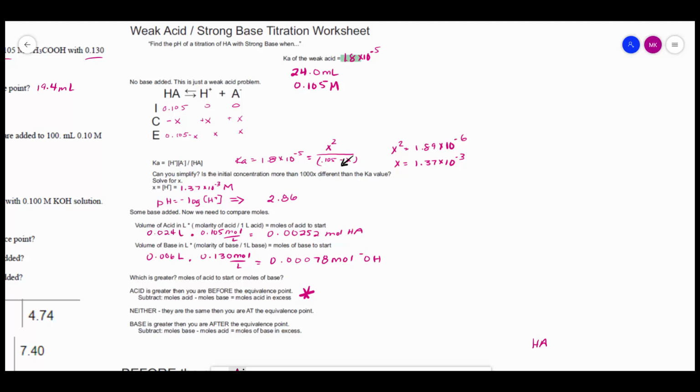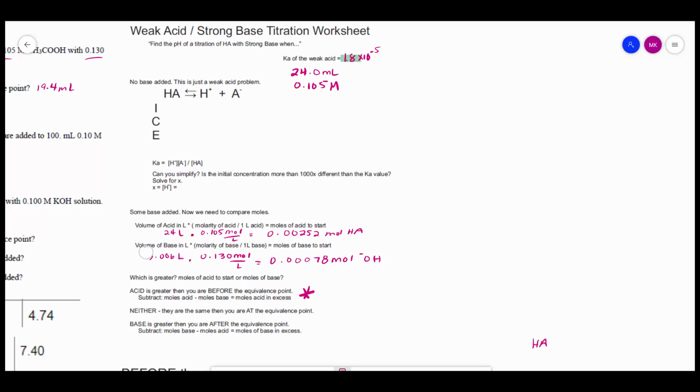So let's erase a bit of this. And we're going to do this over again. Well, we're going to need that. We don't need this one. We're going to do this one differently.